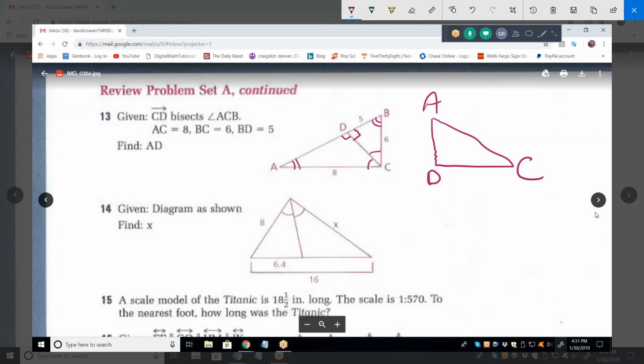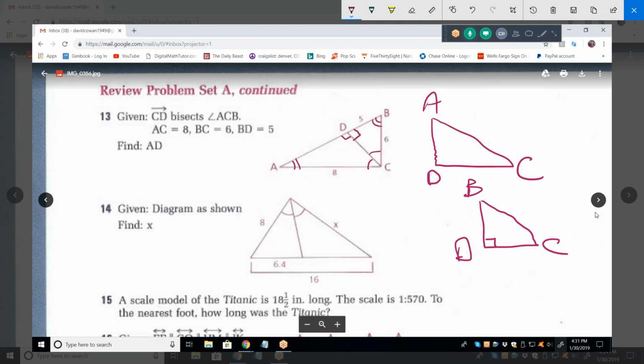Okay, and now below it, I'm going to draw the slightly smaller triangle. And I know that C got to be there. And D is still the right angle, and B is that angle.